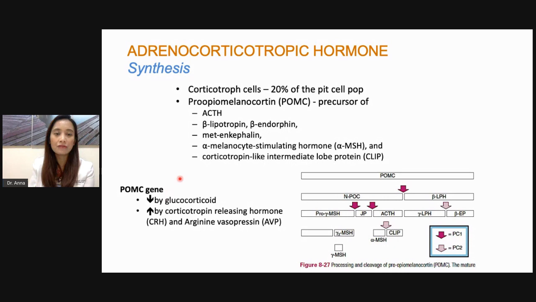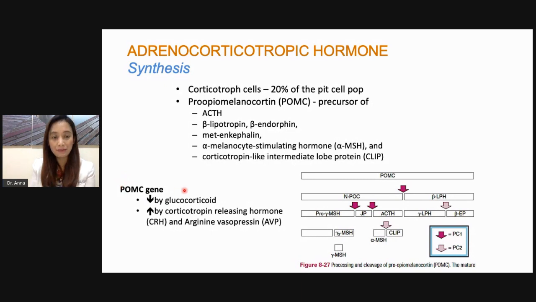Whenever corticotropin-releasing hormone stimulates your corticotrope cells, it not only increases the secretion of ACTH, but also induces the production of the entire pro-opiomelanocortin. So it's not just ACTH that increases in synthesis and secretion, but also all of these other hormones as well.